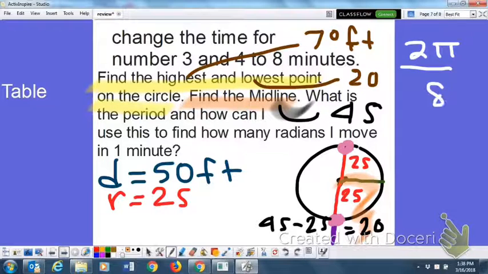Divide, and that's going to tell me how many radians I go per minute. Simplify both by 2, and we get pi over 4. So I rotate pi over 4, which is the same as 45 degrees every minute.